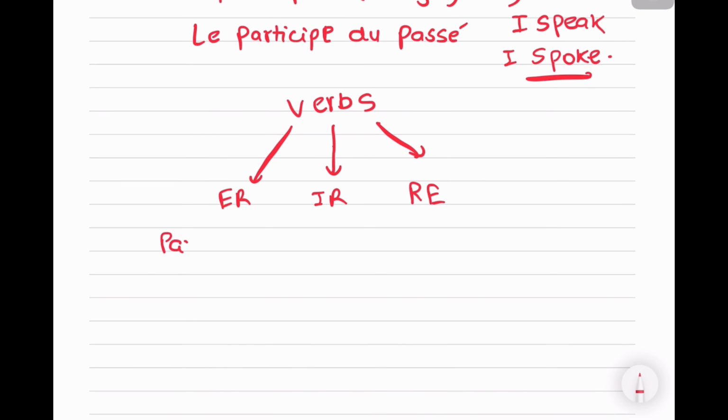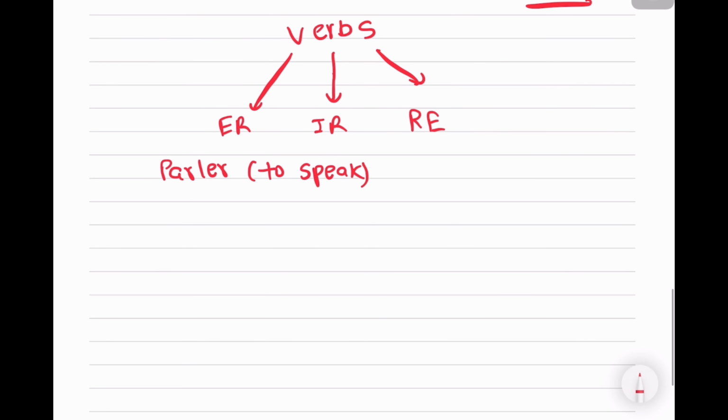For example, we have the verb parler, to speak. Now I want to convert this into the past participle. How will I do it? There are two steps. For every ER verb, first thing you're going to do is remove the R from the infinitive. Parler you have in your infinitive form, to speak.